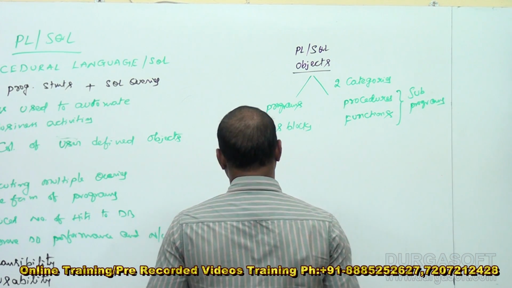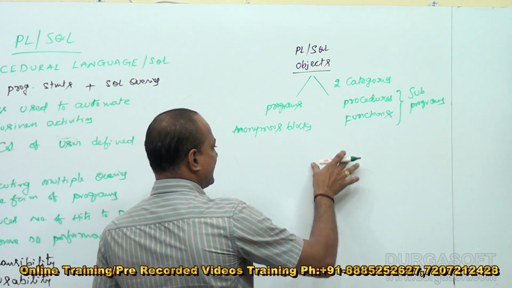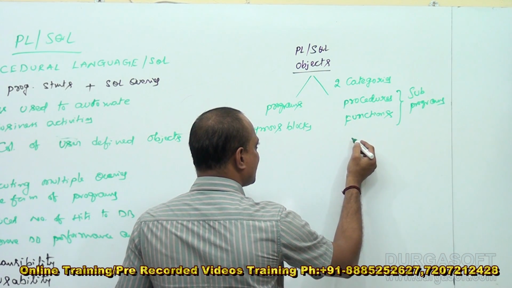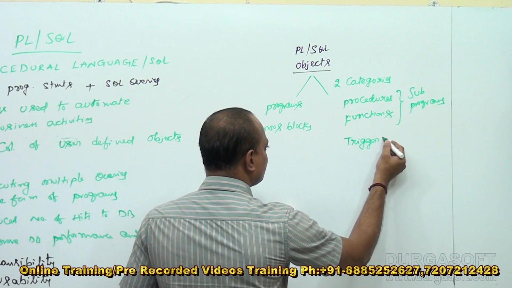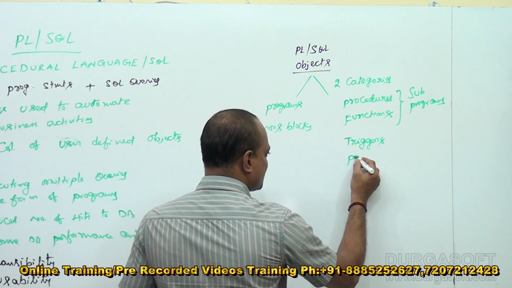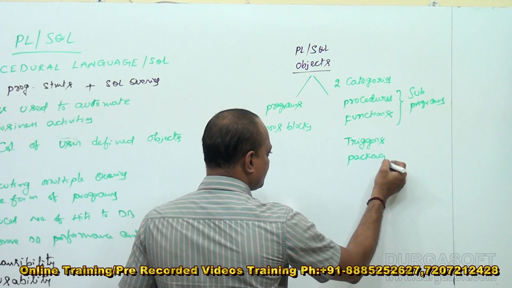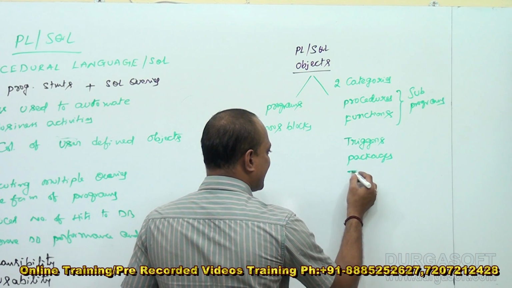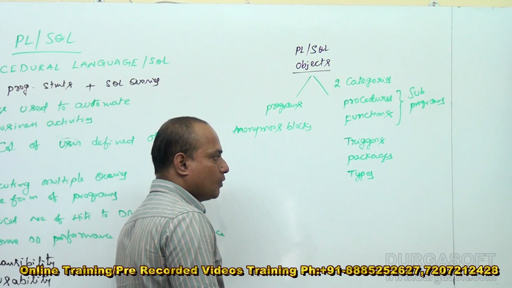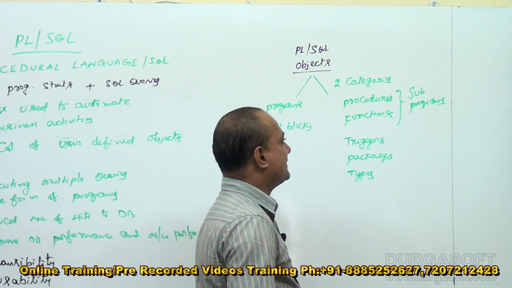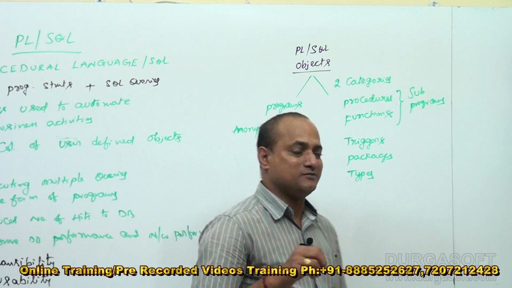Now, what are the general categories here? Under this category, you also have triggers, packages, types. These are called PL/SQL objects.